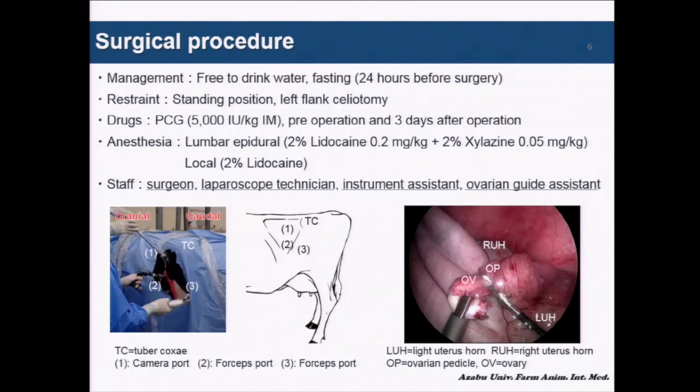In both groups, once the ovary was identified and confirmed with the laparoscope, the ovarian body was grasped by forceps, and an injection cannula was inserted through port 3, and anesthetic agent was injected into the mesosalpinx and the mesovarium.